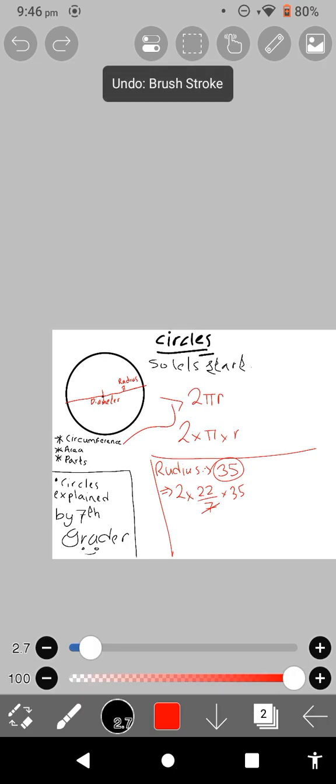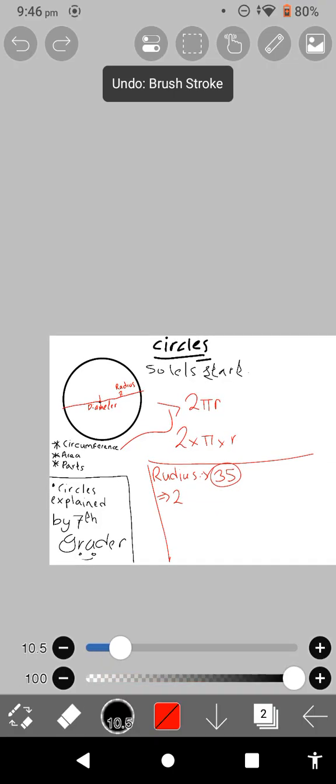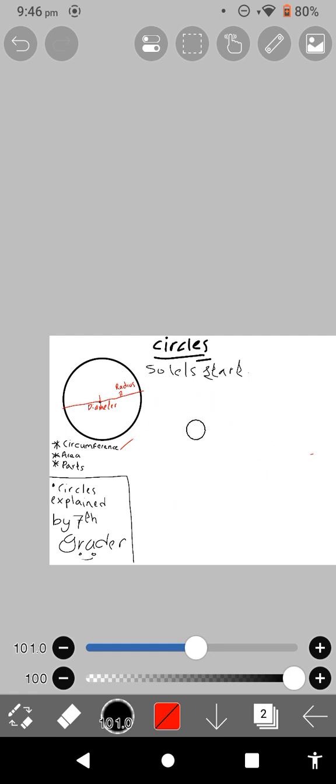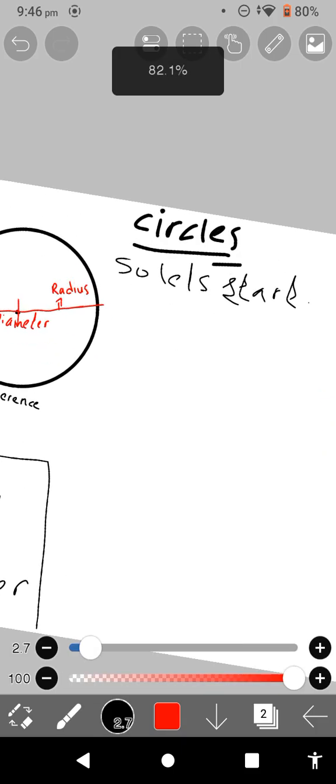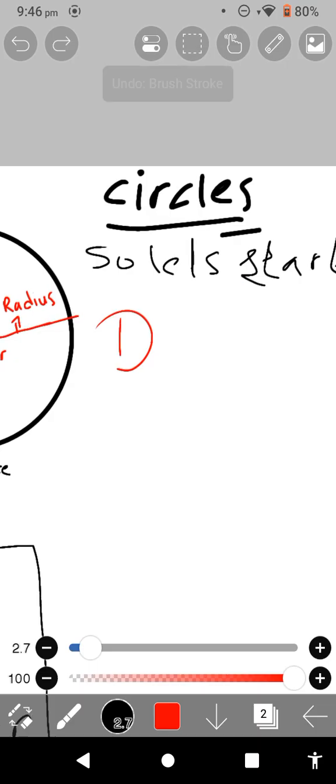Now let us take one more problem of the circumference of the circle. Let's take a diameter here.